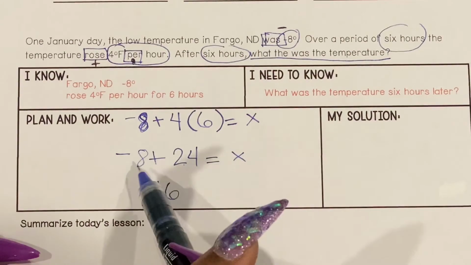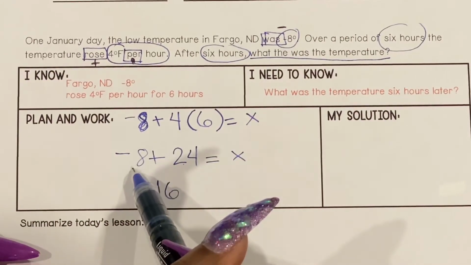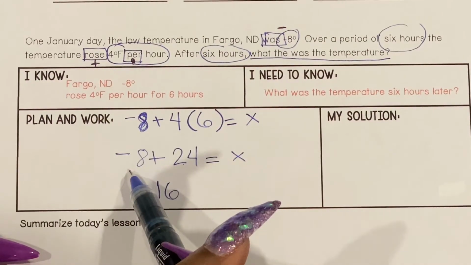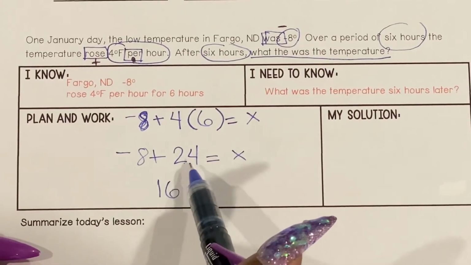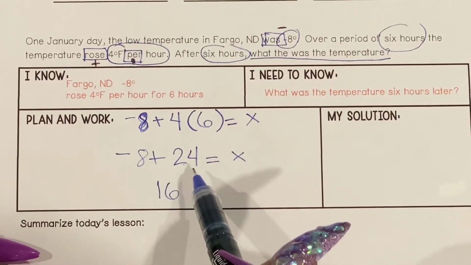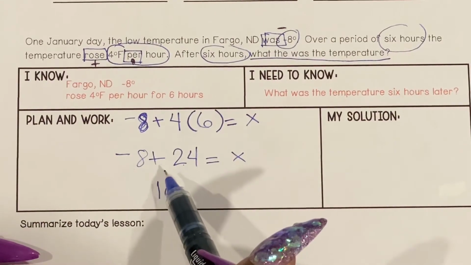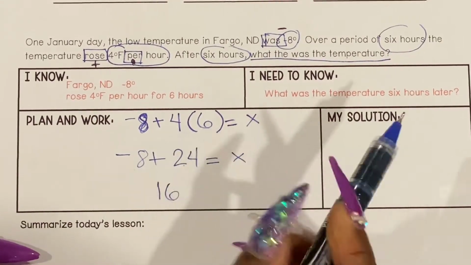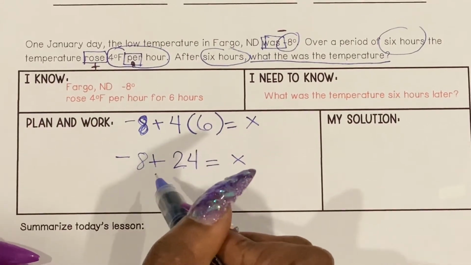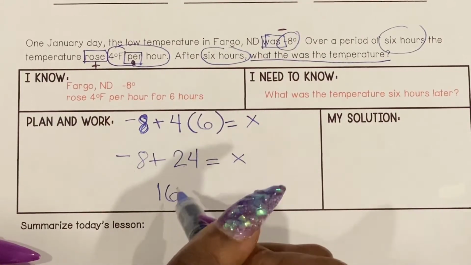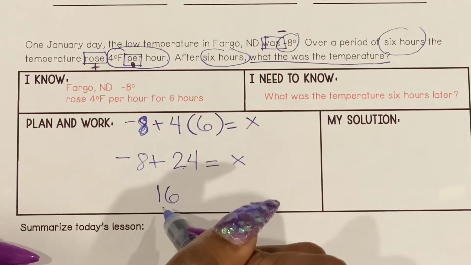What is the absolute value of the bigger number? Absolute value of -8 is 8, and the absolute value of 24 is just 24. So the 24 is bigger than the 8, which means that the sign that is with the 24, which is just a positive, means the answer is positive.